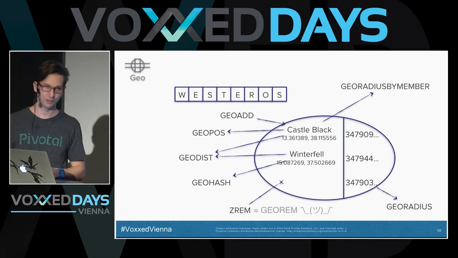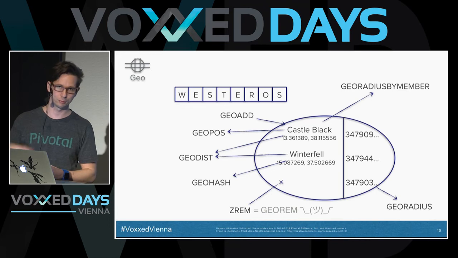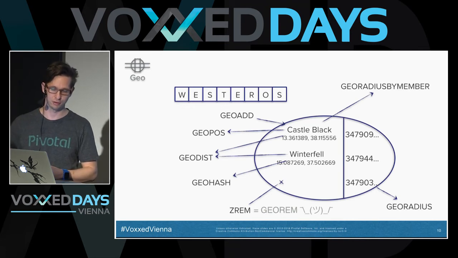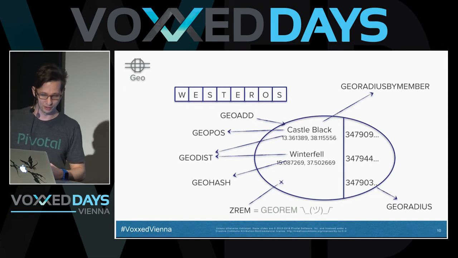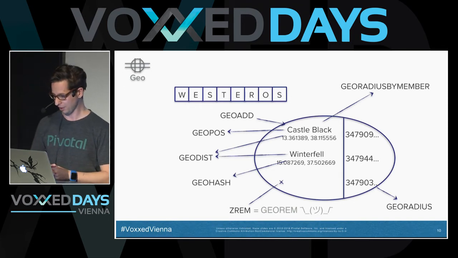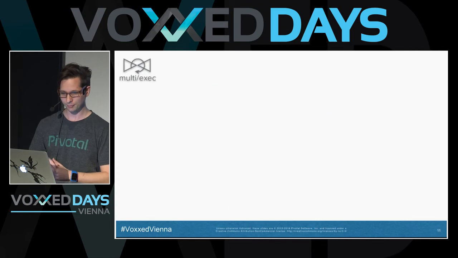Just remember that with Spring Data we offer you something called geoRemove or delete and all that stuff, so that you don't have to think about there being a sorted set behind it.